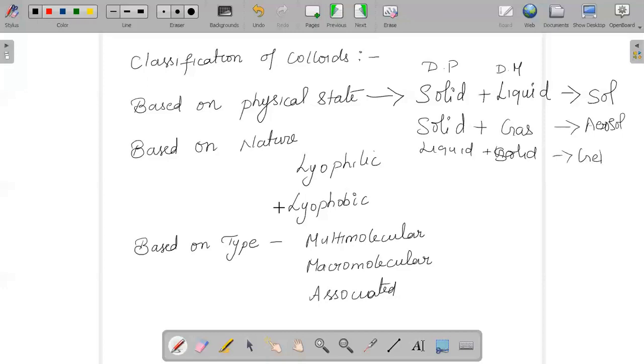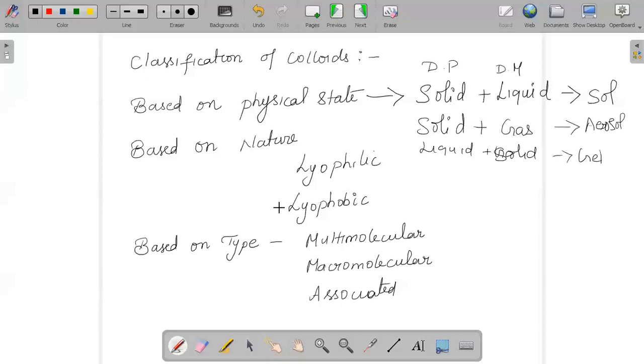Some substances can form colloids directly on mixing them with a suitable liquid, and these colloids are called lyophilic colloids. For example, gum, gelatin, rubber. They are mixed directly with a suitable liquid, and that liquid is considered the dispersion medium. Hence we say they are lyophilic colloids.